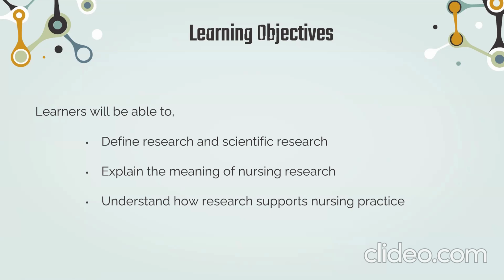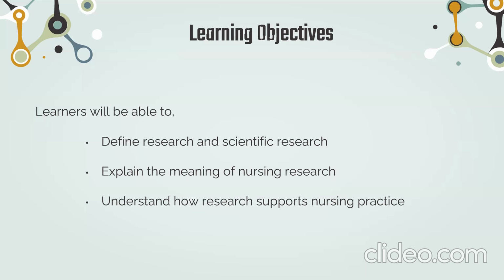Second, you should be able to explain nursing research. Nursing research is research that focuses on issues important to nursing practice, nursing education, nursing administration, and patient care. Third, you should understand how research supports nursing practice.